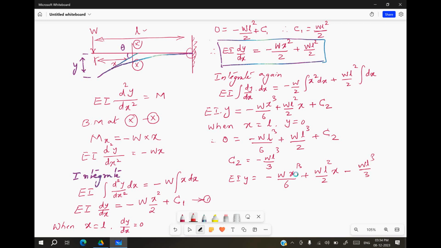This is the equation for deflection of the beam at any given distance x. You can easily find out.